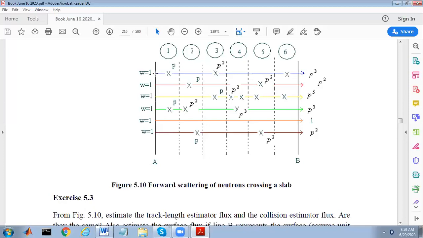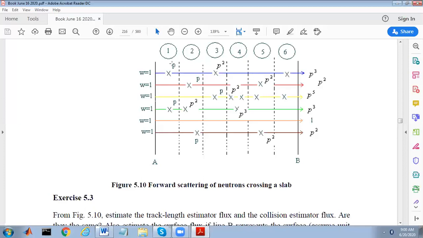The first history begins with a statistical weight of 1. Now this blue line shows you a neutron traveling, hitting a host nucleus, which could be anything: graphite, uranium, iron. When it hits the iron atom or the uranium atom or the carbon atom, some of it is absorbed and some of it survives.